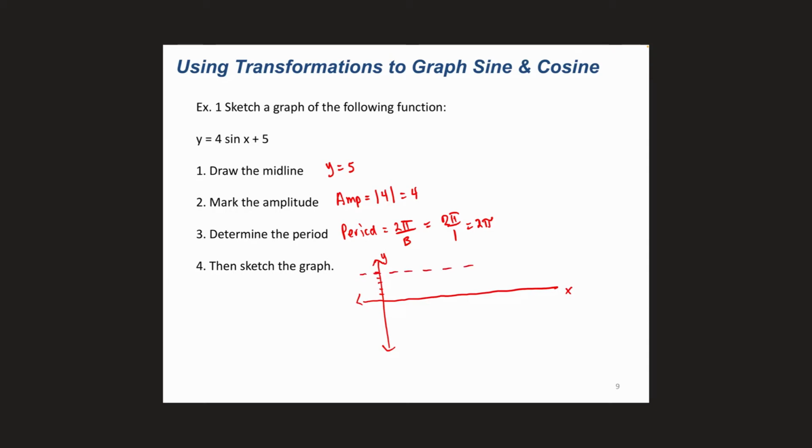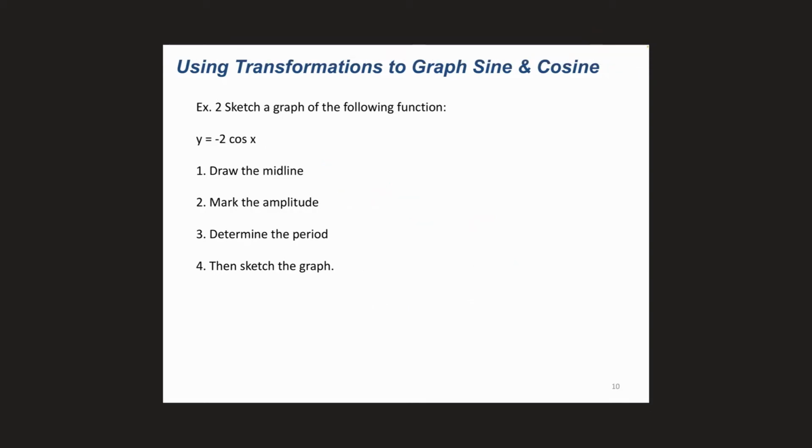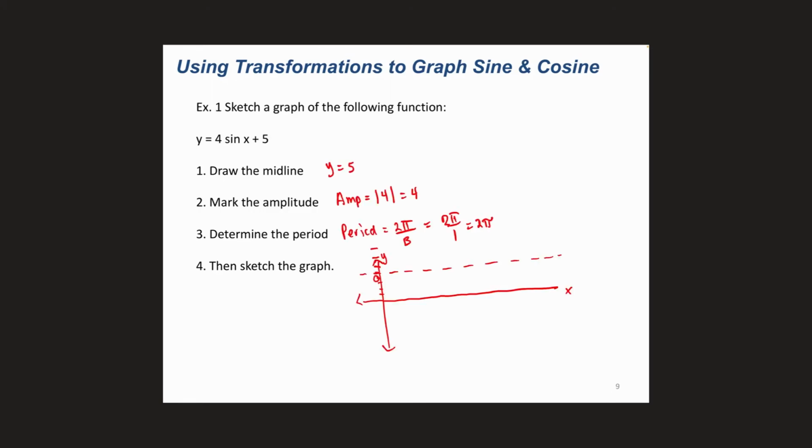It's going to go up to 5. So that's 6, 7, 8. The period is still 2 pi, and we're talking about sine. So we have 0. And remember, that the period ends at 2 pi.